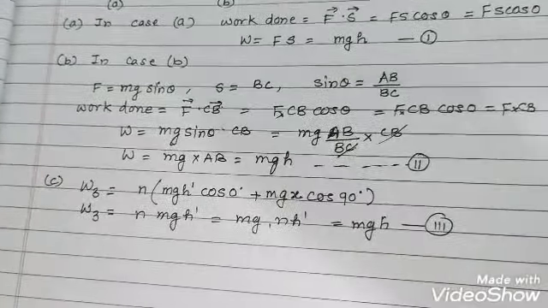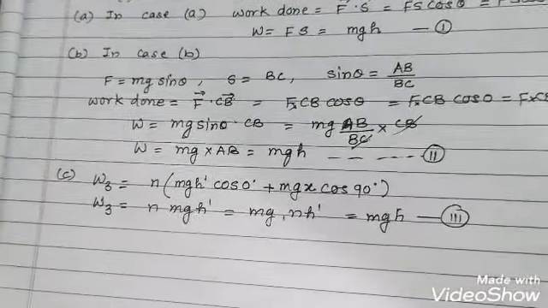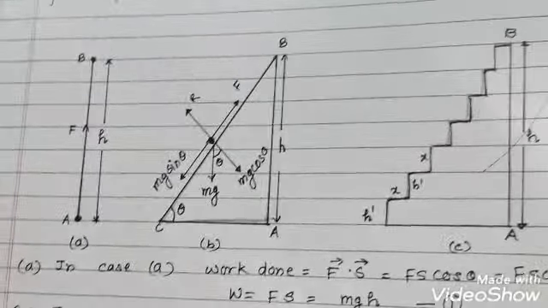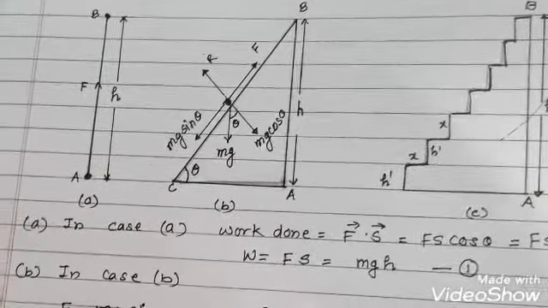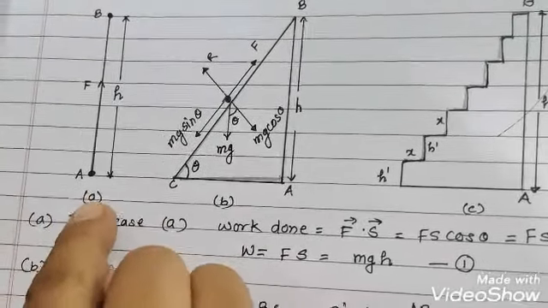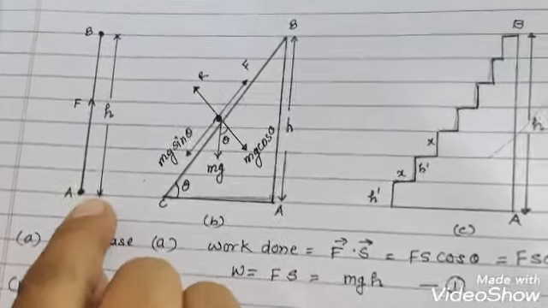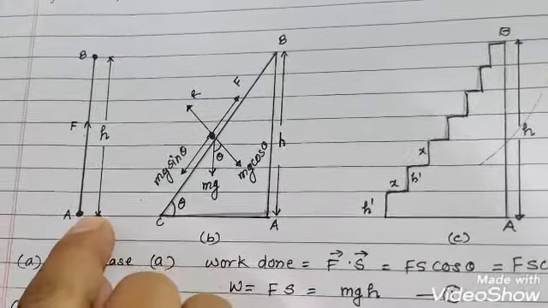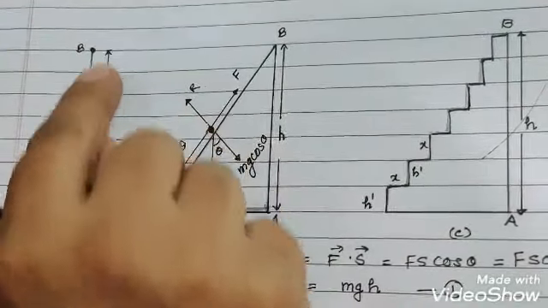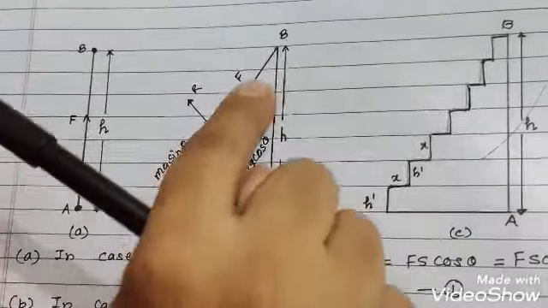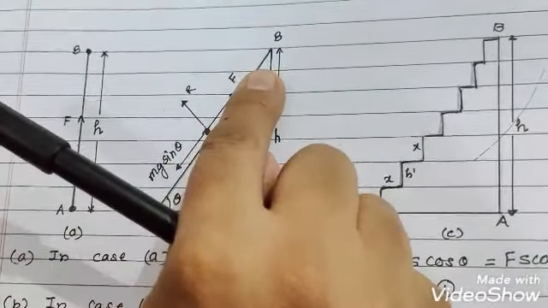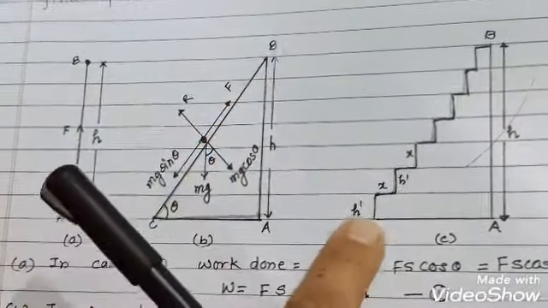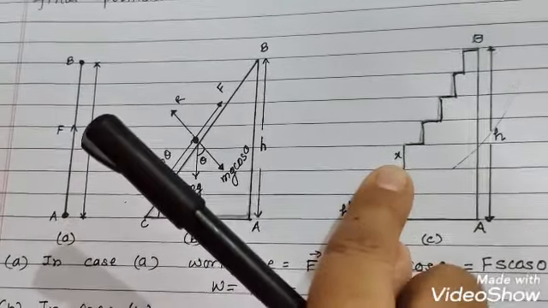That means what you have seen here is that the work done against the gravitational force is the same in all three cases, whether you shift the body vertically upward, or take the body by the inclined plane, or take the body by the staircase.